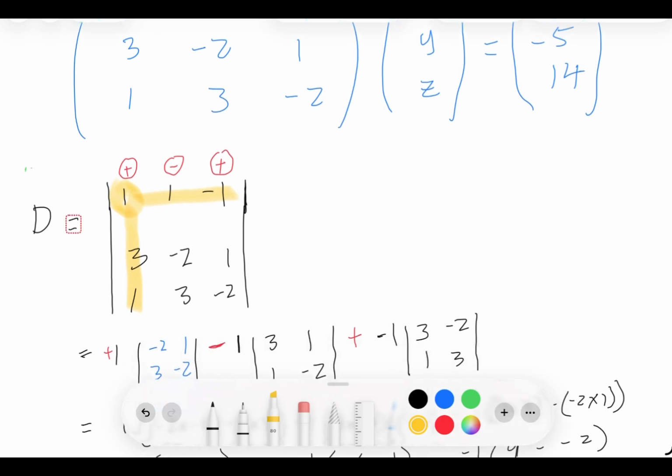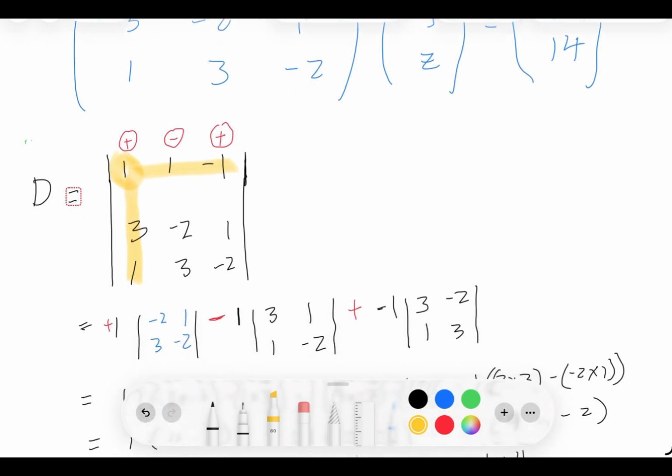And what remains will be a cofactor matrix, negative 2, 1, 3, and negative 2. We're going to find the determinant of that cofactor matrix and multiply it by 1 with the plus sign that is above it. So the plus sign is given to the first one. So you see below, plus 1 times the determinant of negative 2, 1, 3, negative 2.